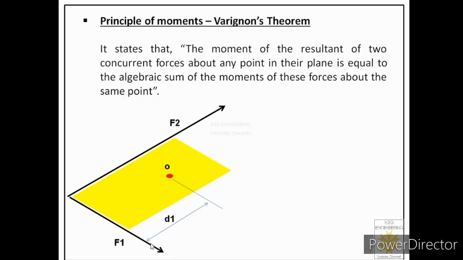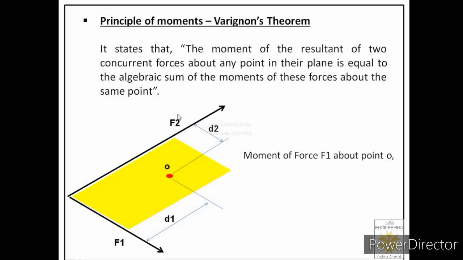Then the perpendicular distance between these two lines will be the moment arm for the calculation of the moment because of force F1 at this moment center O. Next let us see the moment arm for F2 in order to find the moment generated by F2 about this point O. For that, from the moment center we have drawn one line parallel to the vector, and the perpendicular distance between those two parallel lines will be called the moment arm for the second force.